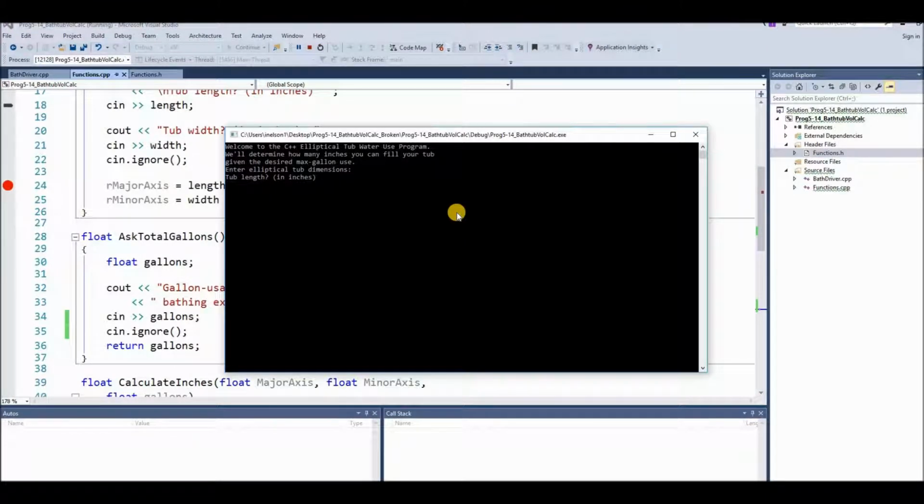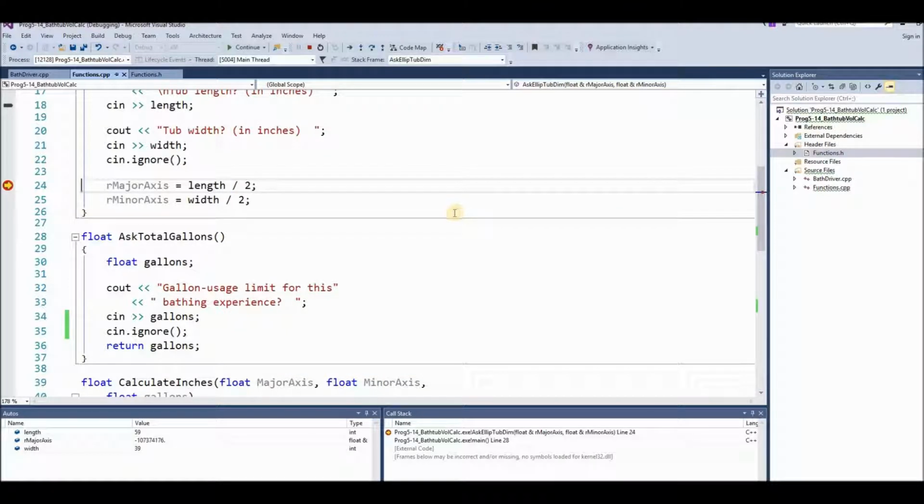Okay, the tub length was 59, the width was 39. So we're going to be calculating the major axis. What's the length? The length is 59, that's what we put in. And we don't have an answer here because the calculation hasn't been completed yet.